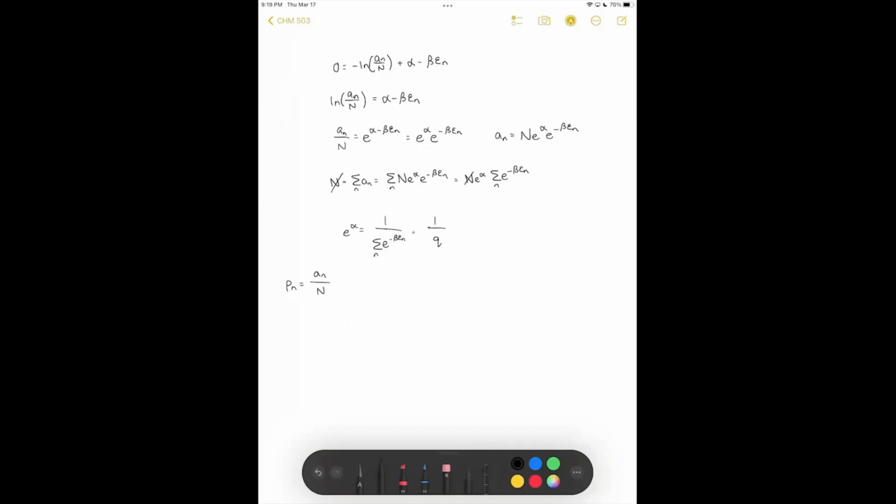Well, look at this here. We now have an expression for a sub n over n. So a sub n is equal to n e to the alpha e to the minus beta epsilon n. And we know that e to the alpha, we can define as 1 over q, or 1 over the sum of all of the e to the minus beta epsilon n.